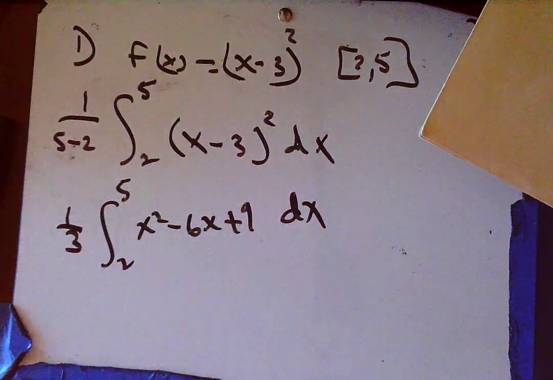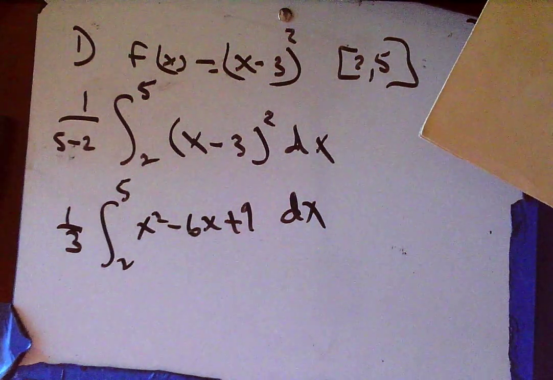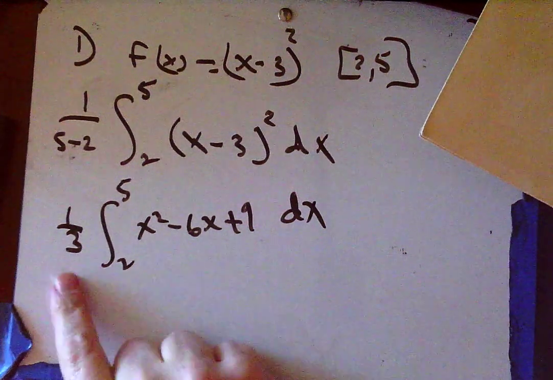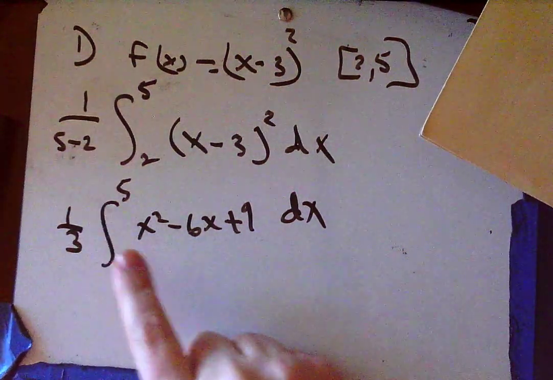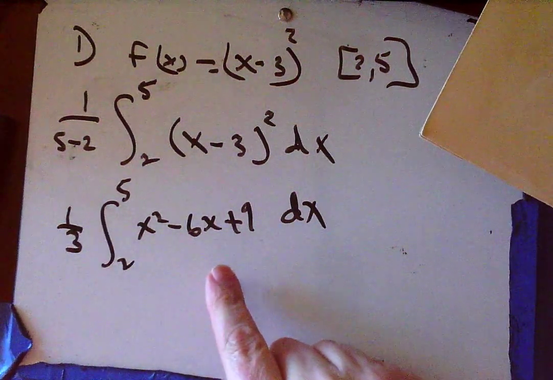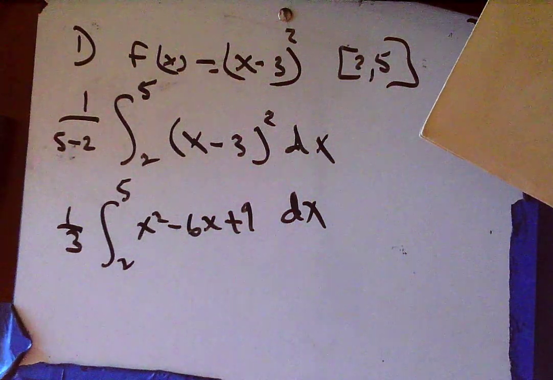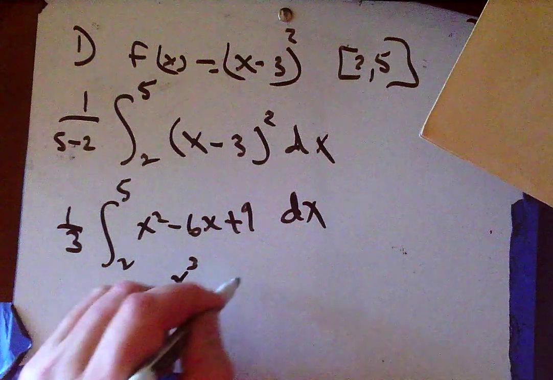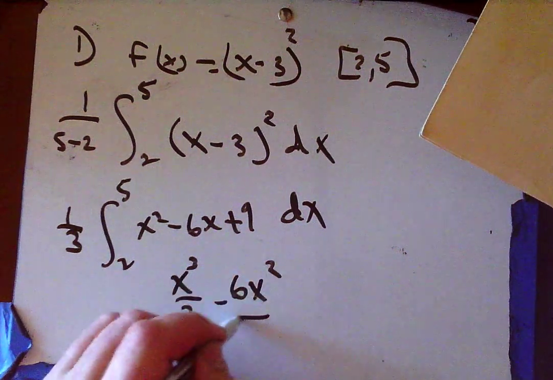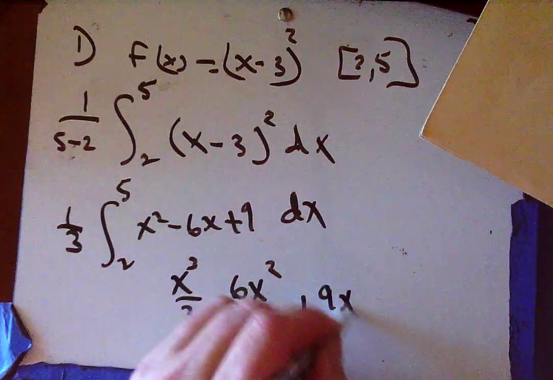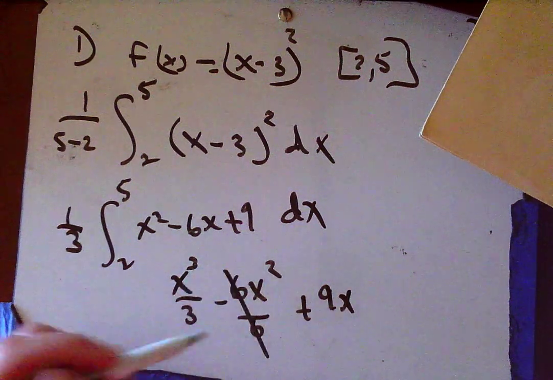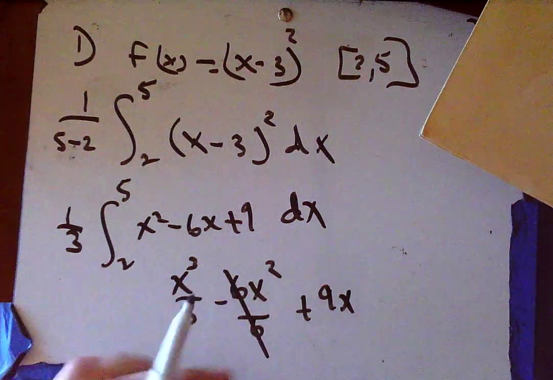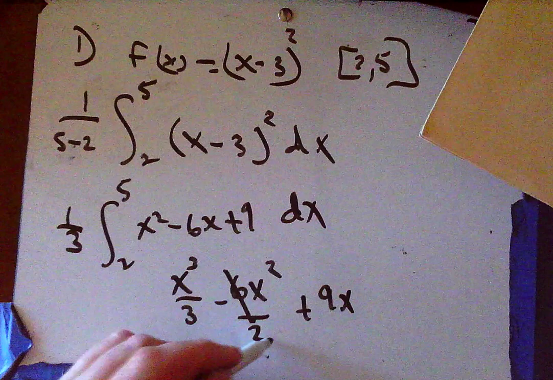Okay, now to build an antiderivative: x to the third over 3 minus 6x squared over 6 plus 9x. It's not over 6, it's over 2.